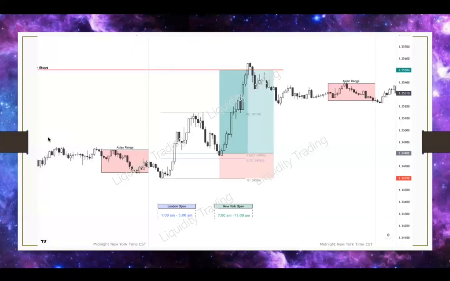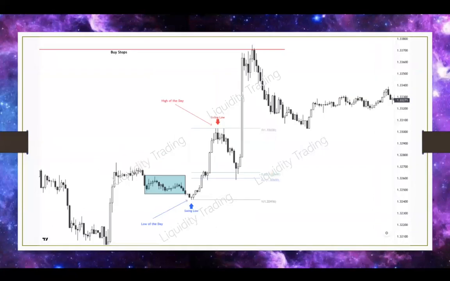This is a different example, so you can see the chart is different, and we see the exact same pattern happen on a different day. It's the same currency pair, GBP USD, but notice the same pattern happen on a completely different day. We see a tight Asian range in the market, and the market trades down. In this example, I did not mark up the London Open and New York Open, but this is specifically the London kill zone around this area.